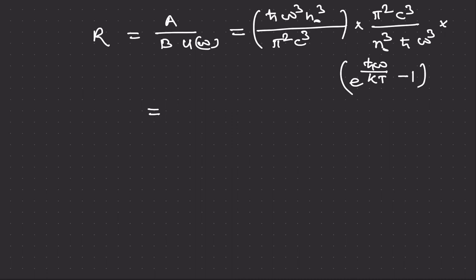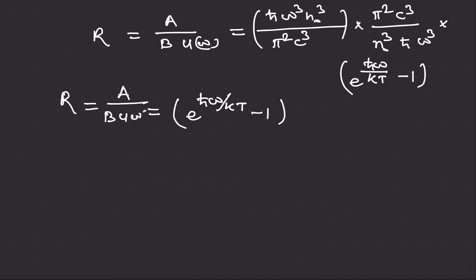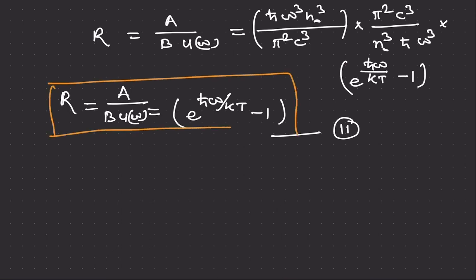We get e to the power h cross omega by kT minus 1. Let us take this as equation number 11.